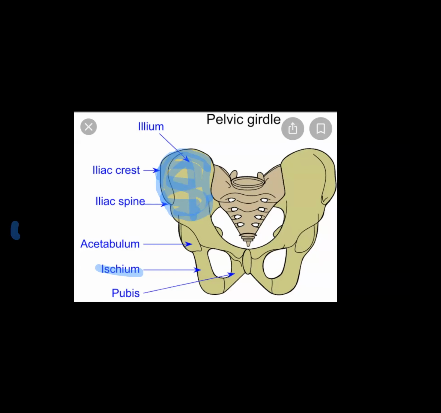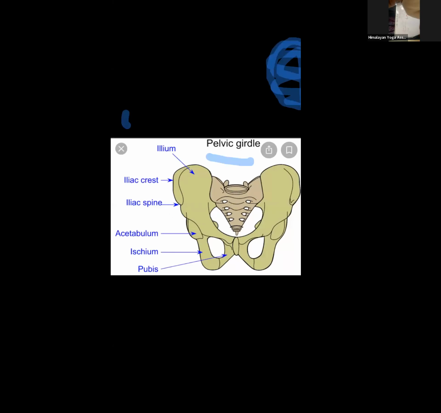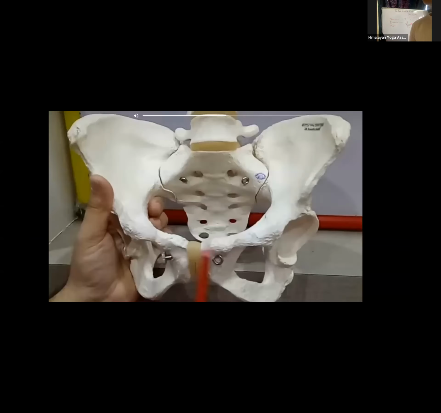This anterior bone. When you put your hands over your love handles, that is ilium, and in front, that triangular shape, that is the pubis.